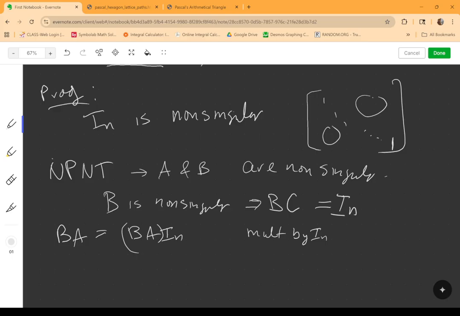In this case, 1 is the identity matrix. So by the inverse of a non-singular matrix, the way we defined it here, I can write BA In as B C.